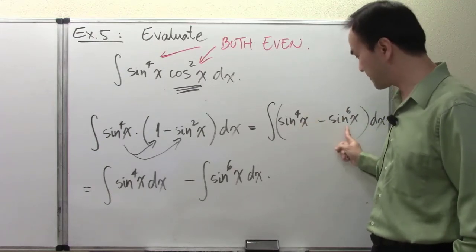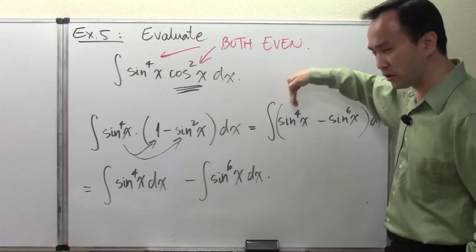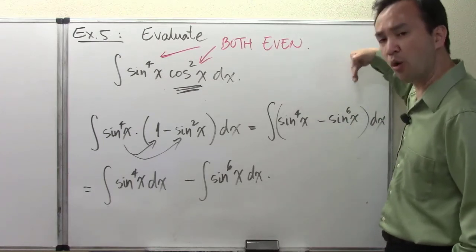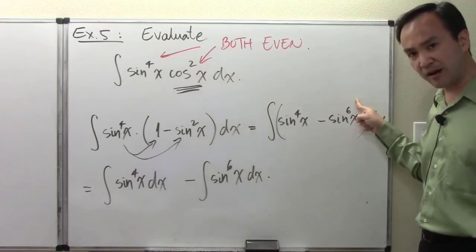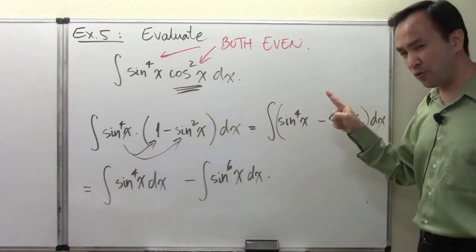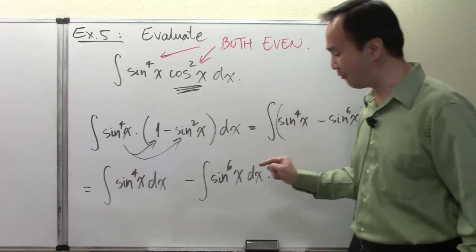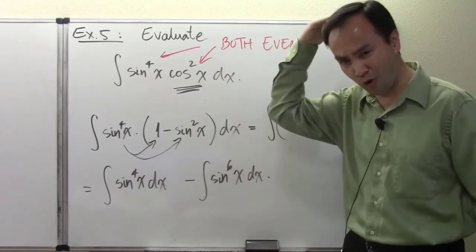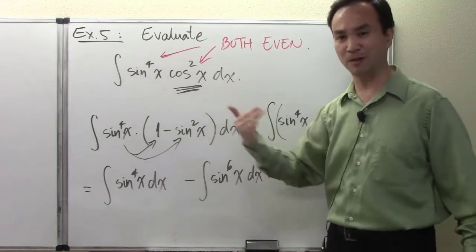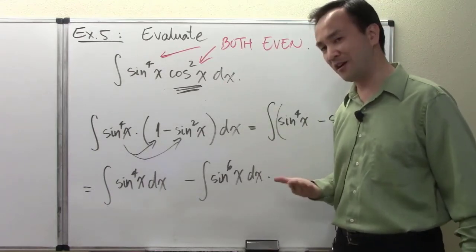Among all the terms, there will be one highest power. Throughout my two terms here, the highest power I recognize is a 6. So I will only apply the reduction formula on that highest power.